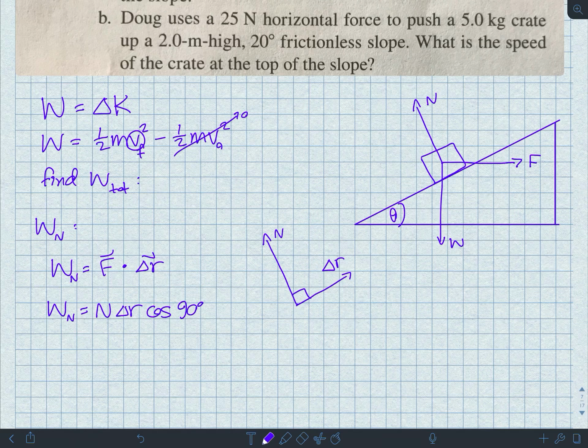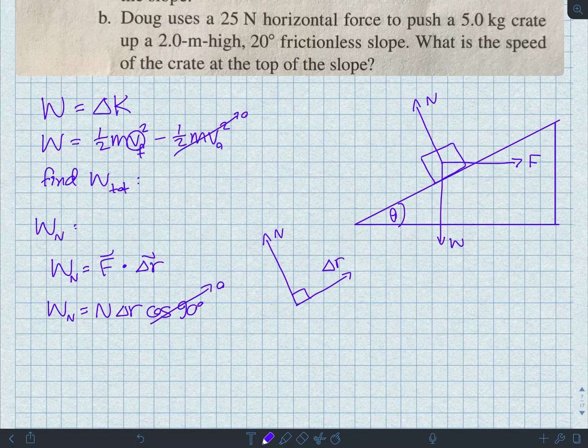Okay, so the cosine of 90 degrees is 0. No, I'm sorry, that's 1. Yep, my brain is dead today. Let's see. No, it's 0. Yep. It's that kind of day.